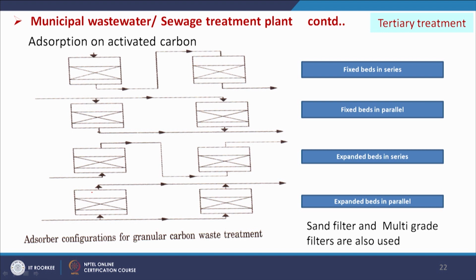As shown here, adsorption on activated carbon: the very small amount of TDS or BOD which is available after the secondary treatment can be further fine tuned or removed here, and these systems are used as a polishing step.